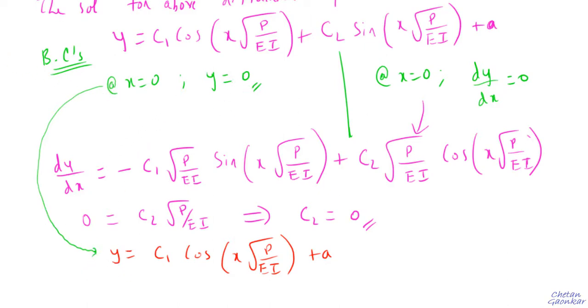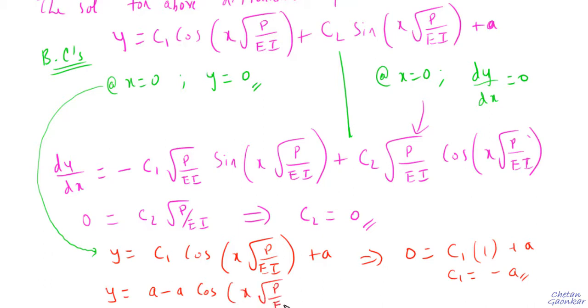If x is 0, cos becomes 1, so this will become C1 times 1 plus a equal to 0. Therefore, we get C1 as minus a. And since C1 is minus a, I can rewrite the solution in terms of y as y equal to a minus a times cos of x root of P divided by EI.